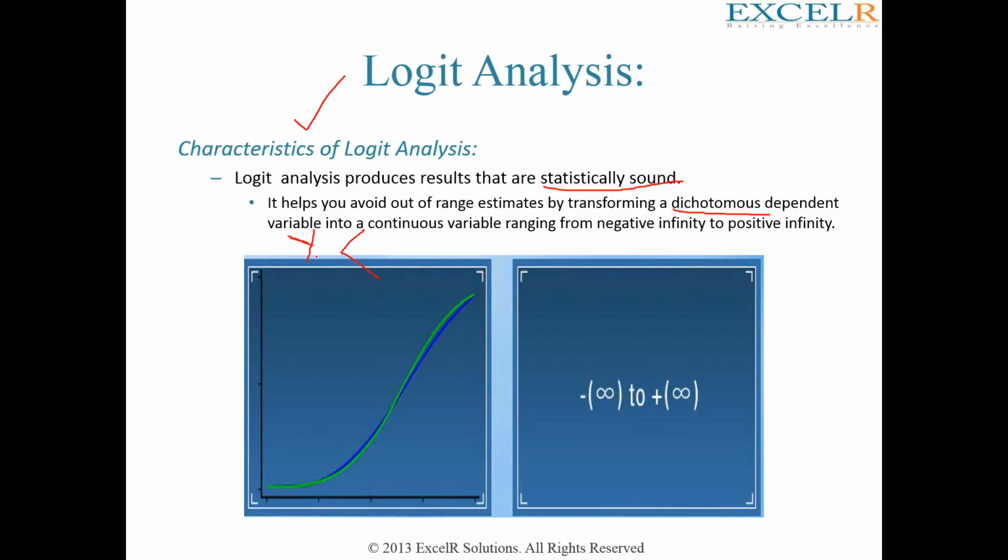So y has a yes or no kind of thing, male or female, will there be a defect or not, will a person purchase or not, right? That kind of data is transformed to a continuous variable. How do you transform that to a continuous variable? By taking the probabilities basically. It ranges from minus infinity somewhere until plus infinity.